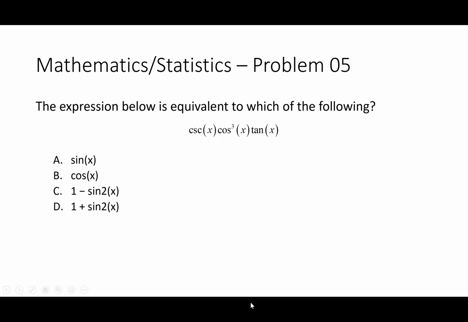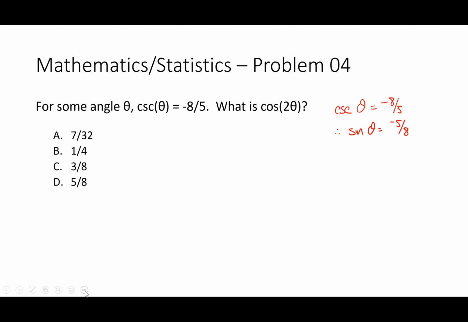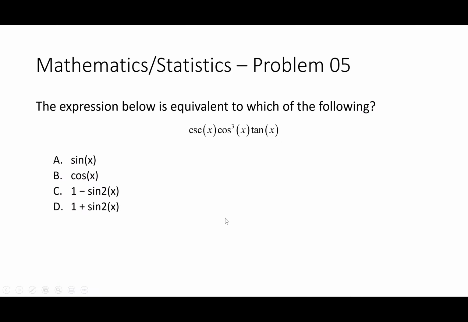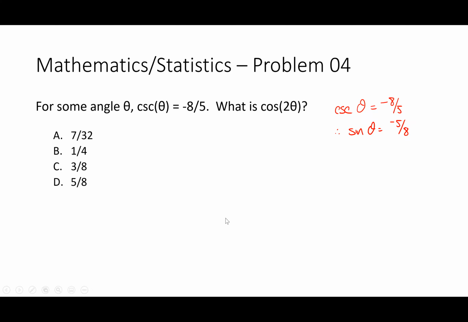If you go into the manual, what you'll find is that the cosine of 2 times an angle is 1 minus 2 sine squared of that angle. It's probably been a while since you've looked at these, but they're all listed in the manual, all of your trig identities and whatnot, so it's worth a look to make sure you know where those are.